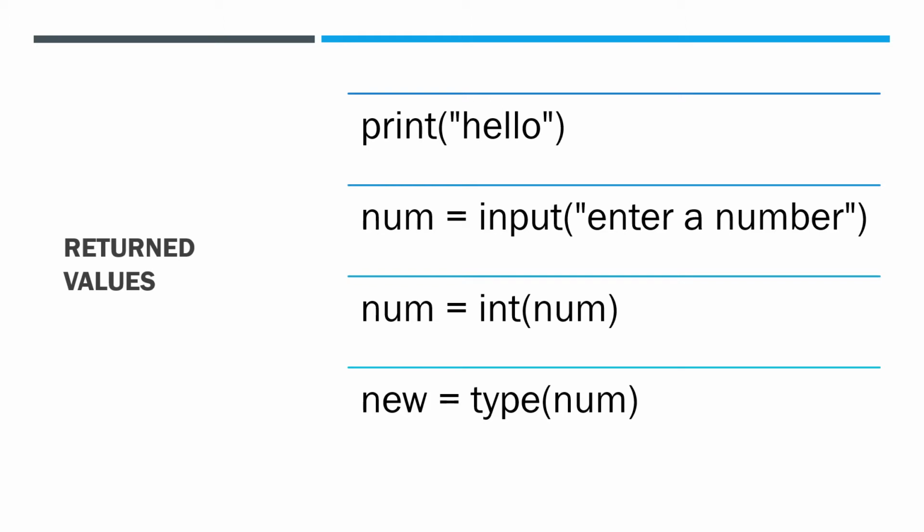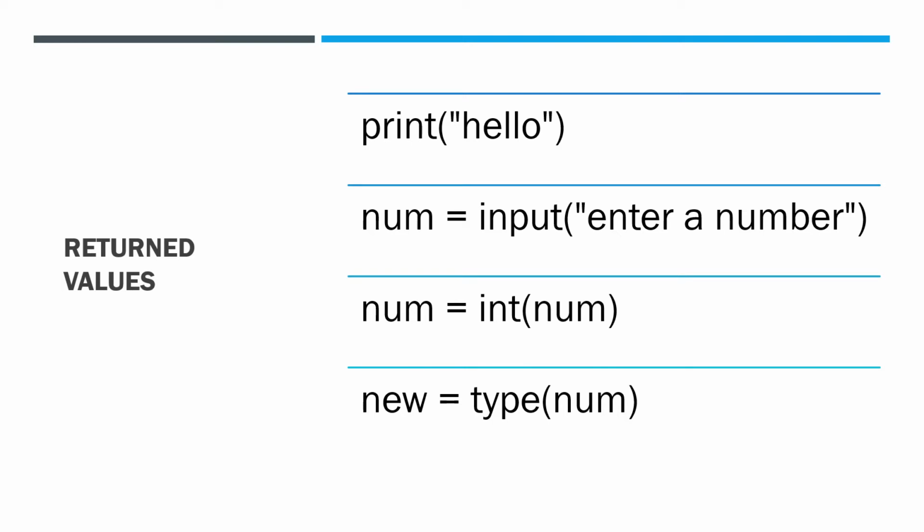The function will transform the variable num and save the transformed value back on top of the same variable. It will overwrite that variable. Or alternatively, as the final example on this screen shows, a function can take a variable, transform it, and save the value as a new variable.